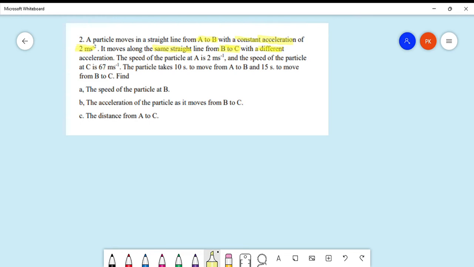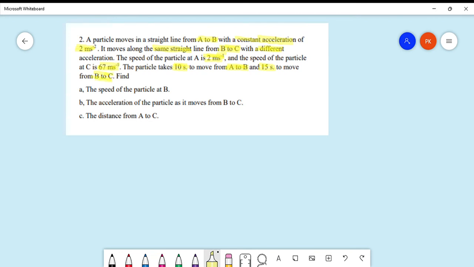The speed of the particle at A is 2 meters per second and the speed of the particle at C is 67 meters per second. The particle takes 10 seconds to move from A to B and 15 seconds to move from B to C.